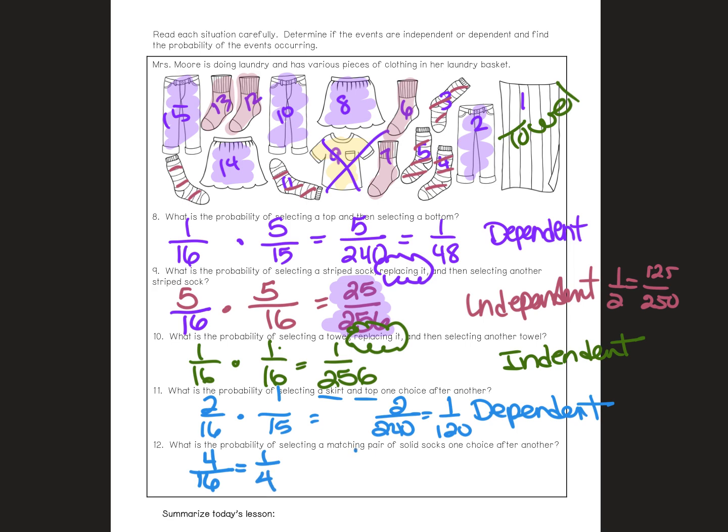I'm going to multiply 1/4 times, well, now I only have 15. I took 1 sock out, so now I only have 3. That is 3/60ths, which is equal to 1/20th, and it's definitely dependent because I took 1 out and then took another out.